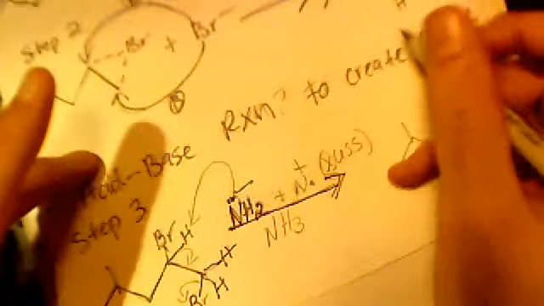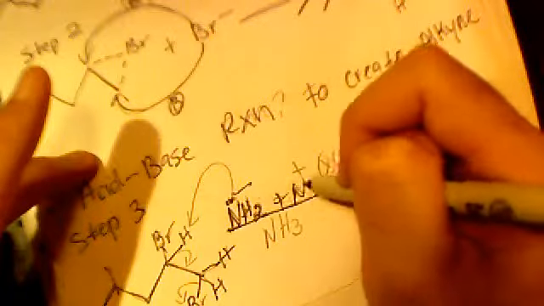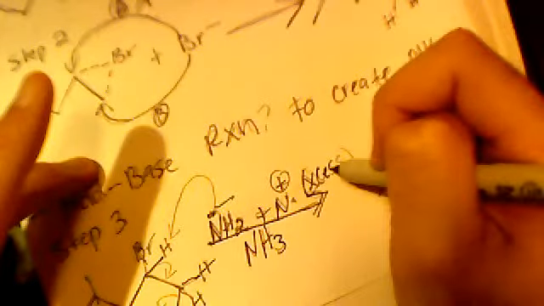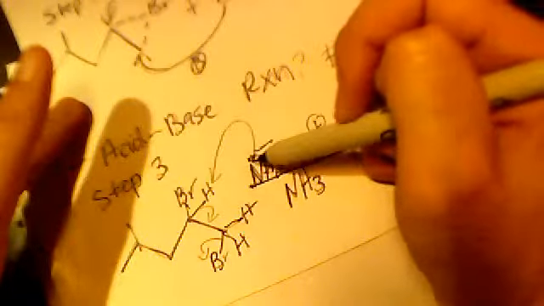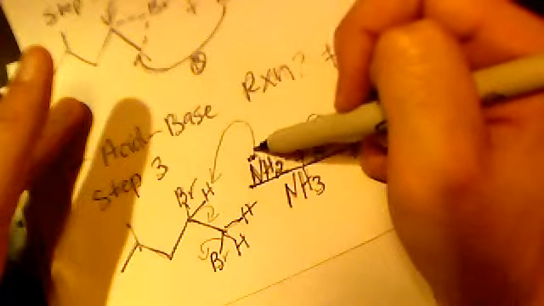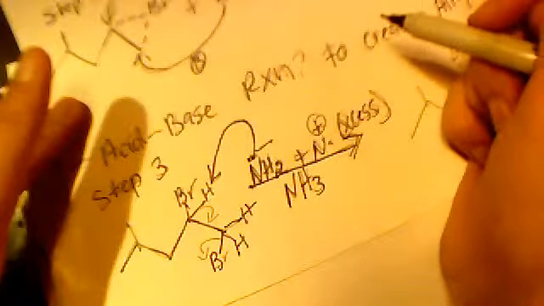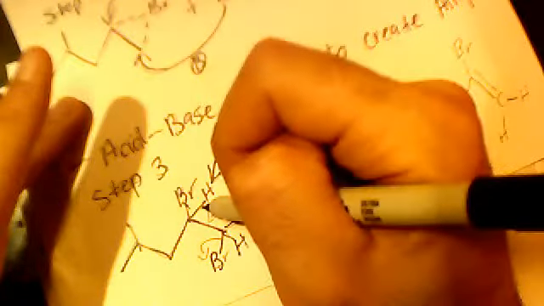That's the name of this molecule. Sodium amide dissolved in ammonia, and it's in excess. That's important. So the amide, the ammonia anion, acts as a nucleophile, gives its electrons to this hydrogen, plucks it off.